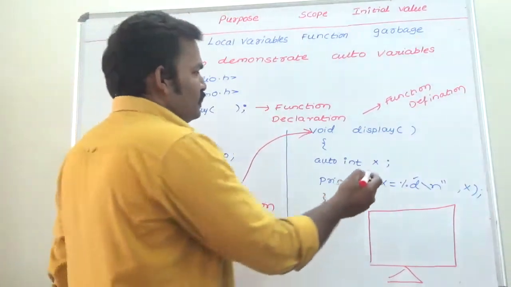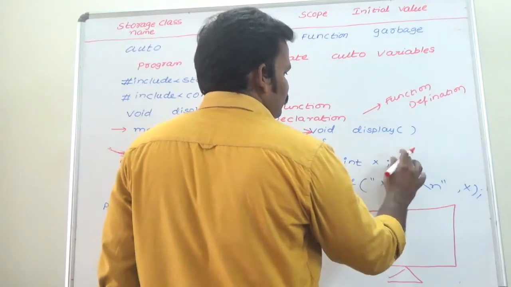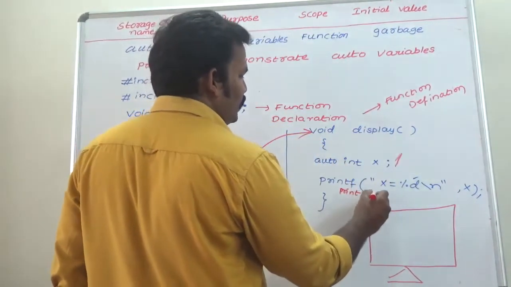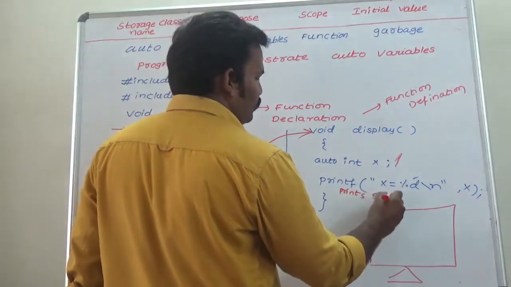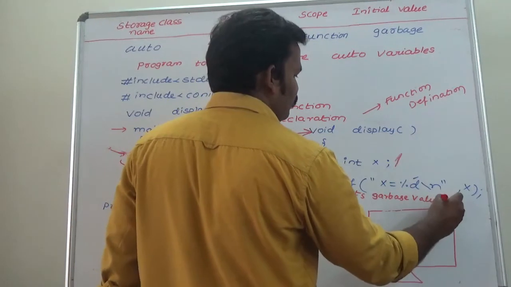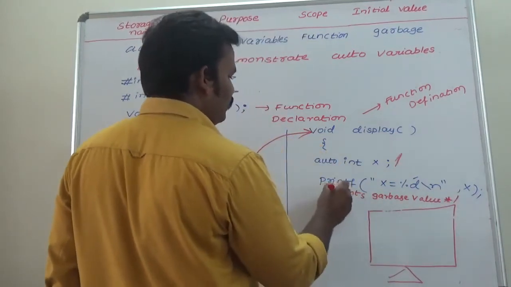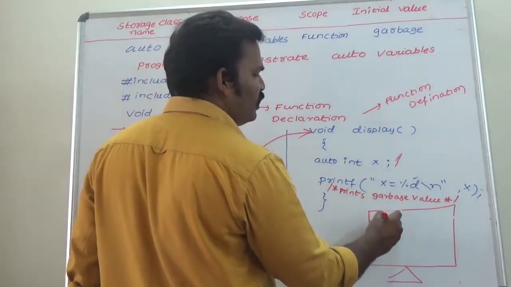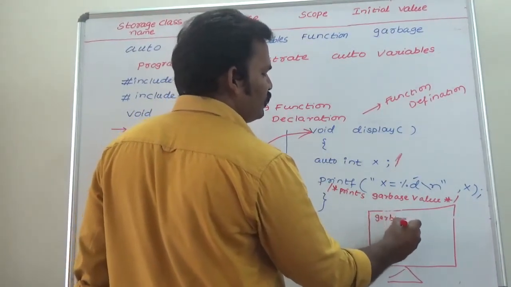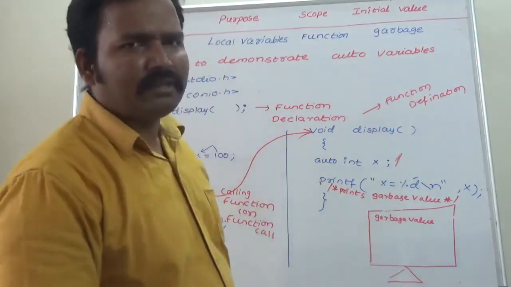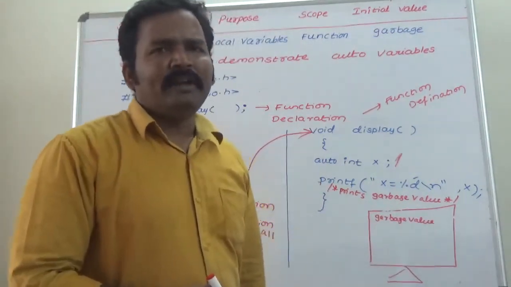So here it prints a garbage value. Garbage value means unknown value, so some value will be printed on the screen.